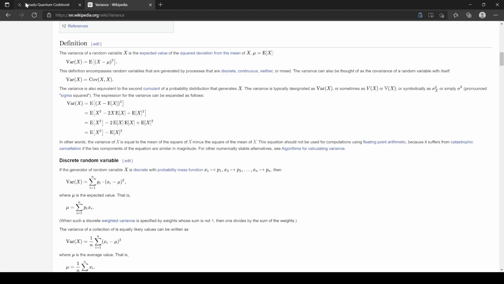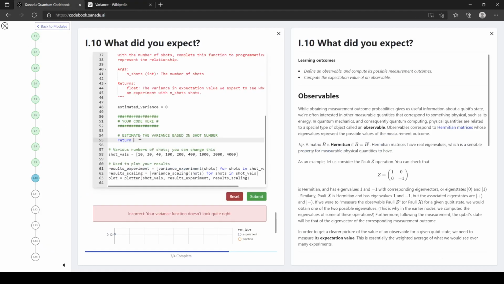It's bounded from 0 to 1, because the square of -1 is 1, and the square of 1 is 1. So if we want to estimate that, it's going to be 1 over the number of shots.